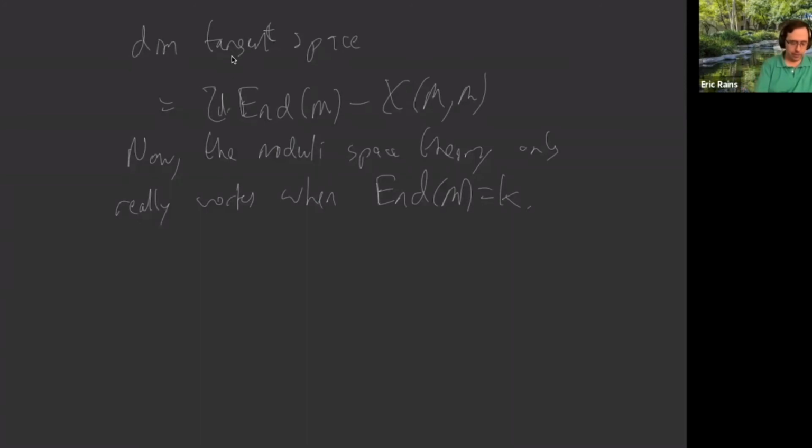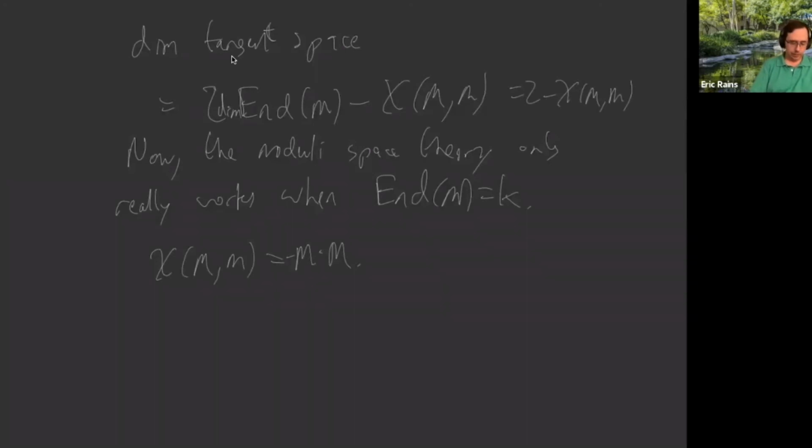So this is not a massive thing. Sorry, this should be the dimension, of course. And so this is really just 2 minus chi(M,M). And chi(M,M), it turns out, can be computed using intersection theory. And it's just minus the self-intersection.